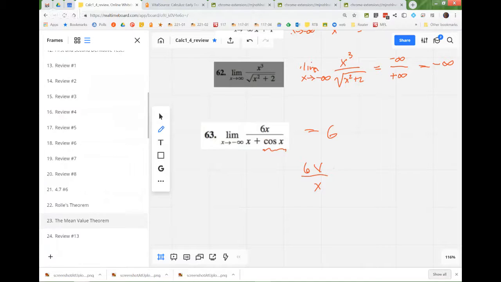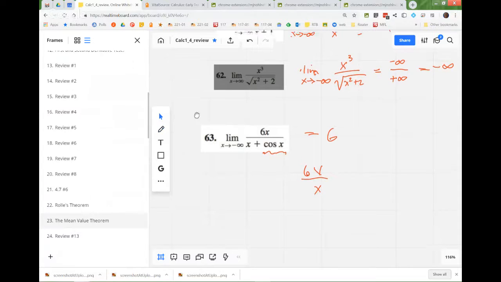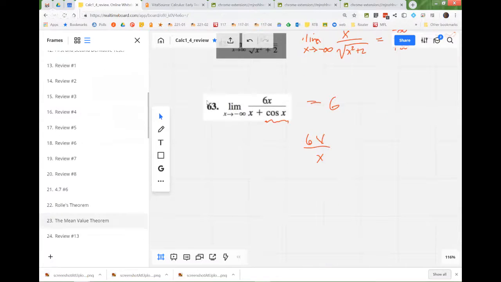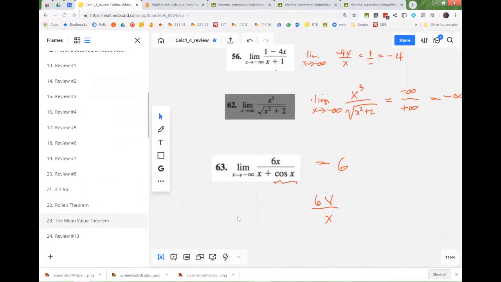In this case, it turns out to work. It's positive 6, as opposed to the one up here, where the rule would have worked too: the coefficients, negative 4 over 1. Just think it through carefully when it comes to sign.